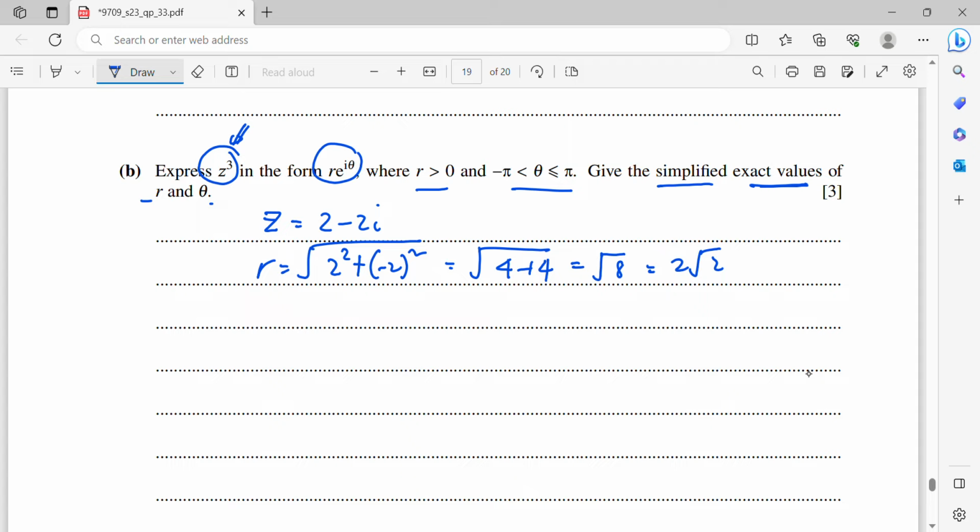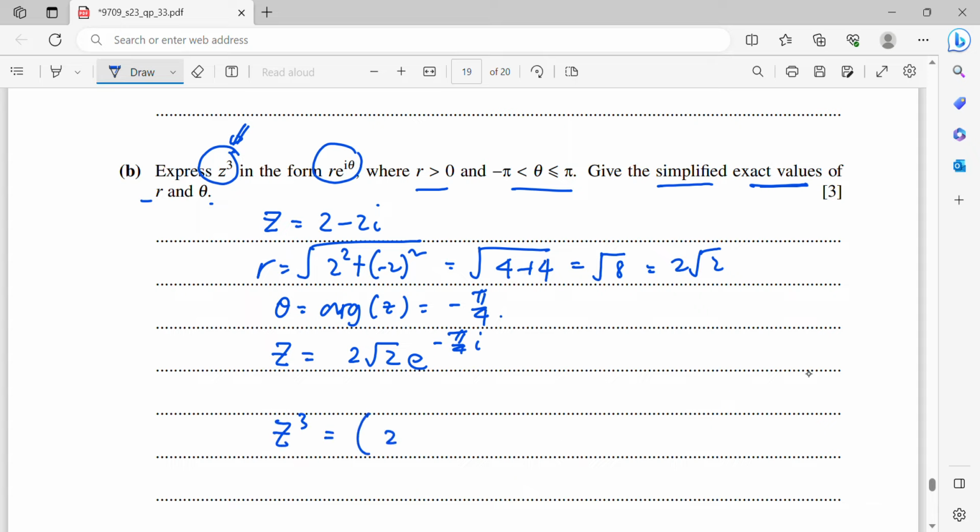Now the theta is already given, which is the argument. This is negative pi over 4. It's given in the question. So now my complex number can be written as 2 square root 2 e to the negative pi over 4 i, because it's i theta. And now you need to express z cubed, so I just need to cube it.